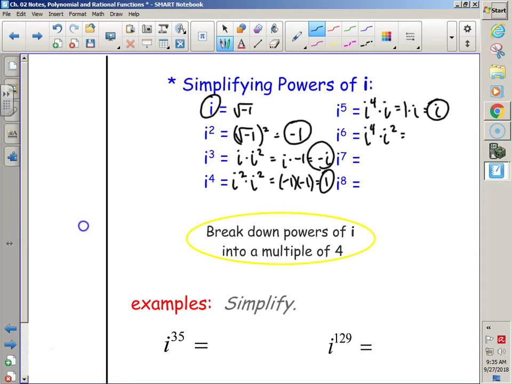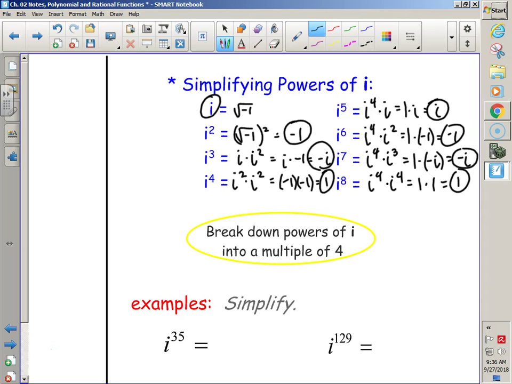Well, i to the 4th is just 1, and i squared is just negative 1. i to the 7th is the nicest guy, and then i cubed more, which is that guy we already talked about. That's 1 times negative i, which is just negative i. And then i to the 8th is i to the 4th twice, which is just 1. What do you guys notice?